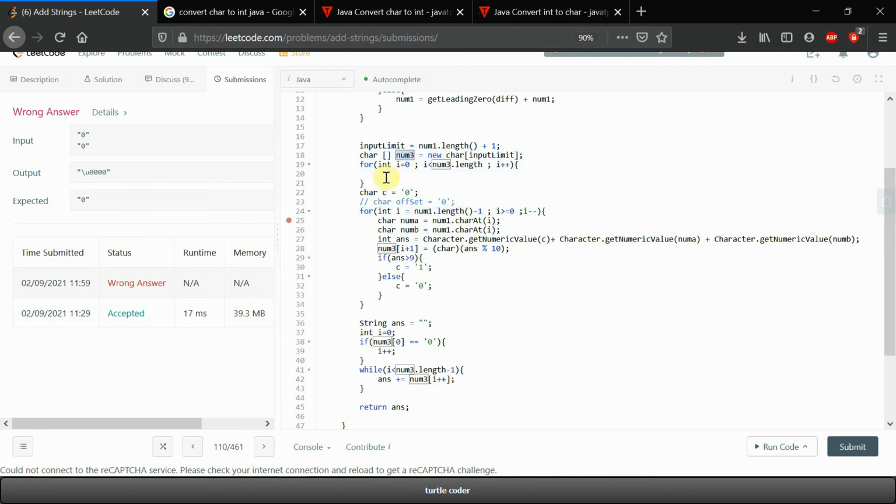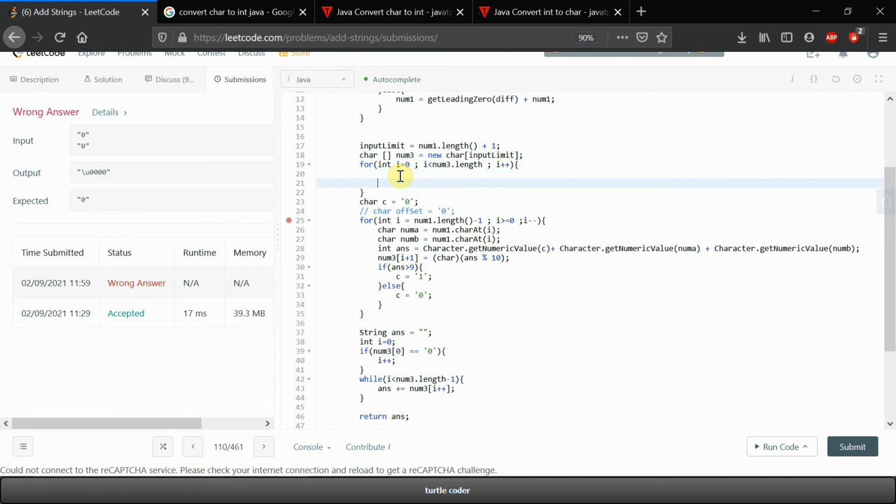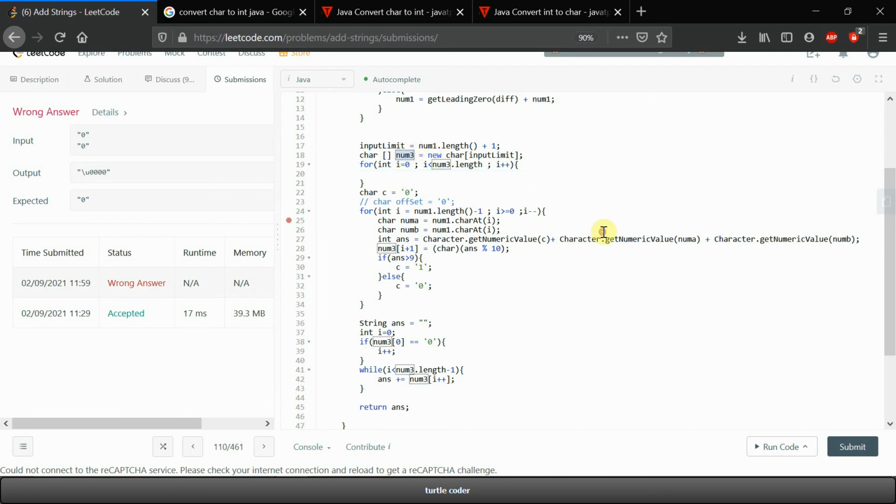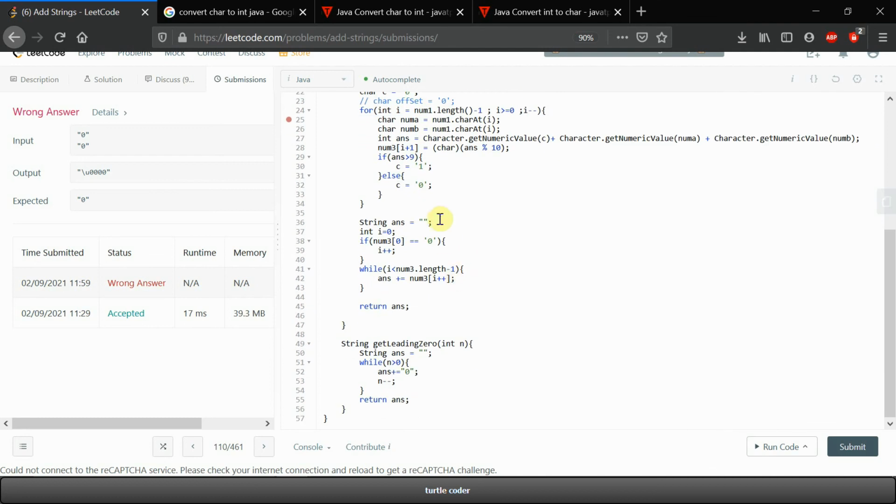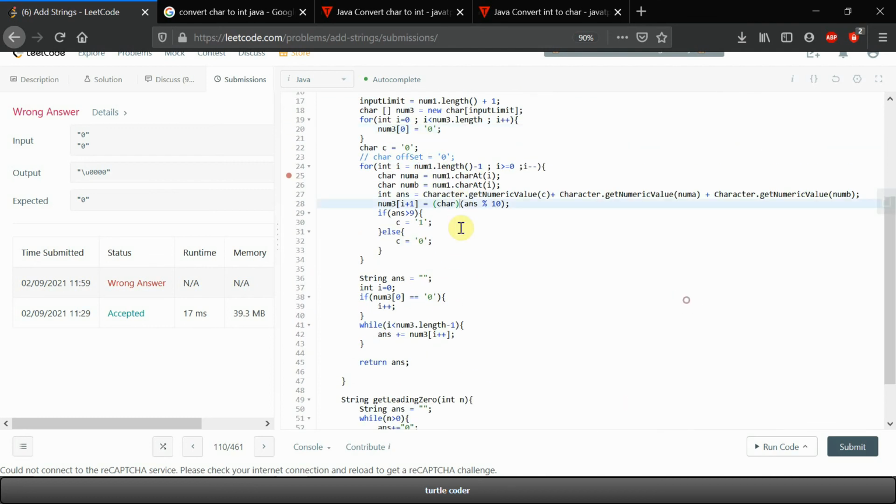Okay, num3 0 value should be equal to nums 0, just character 0. That's it, and I think that should work, but over here my doubt is why these things are not working. Answer dot and Character dot getNumericValue, or is this some other API?